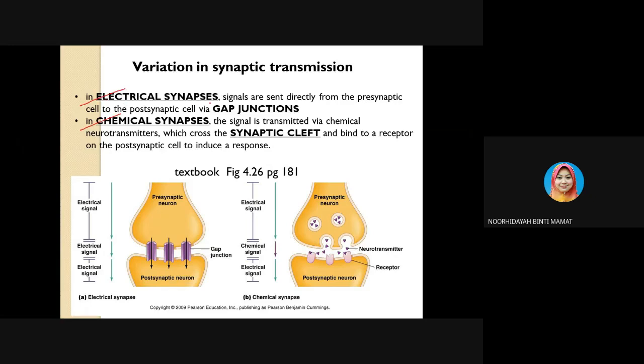In the electrical synapse, the signals are sent directly from the presynaptic cell to the postsynaptic cell through gap junctions. So this is the electrical signal.